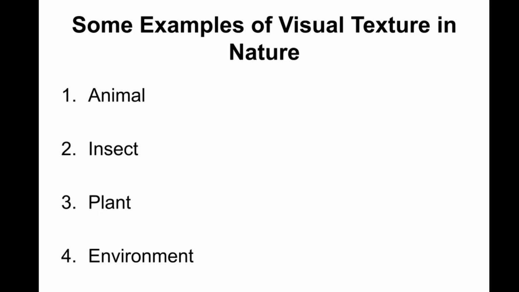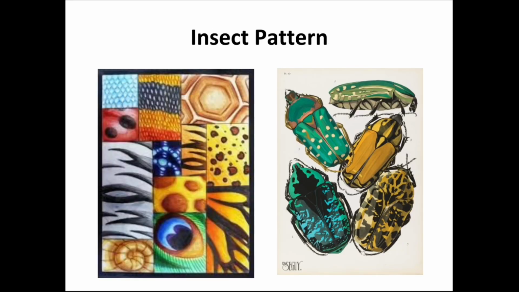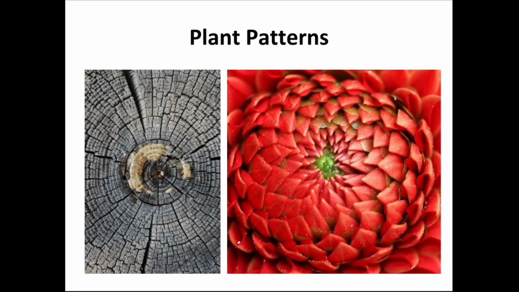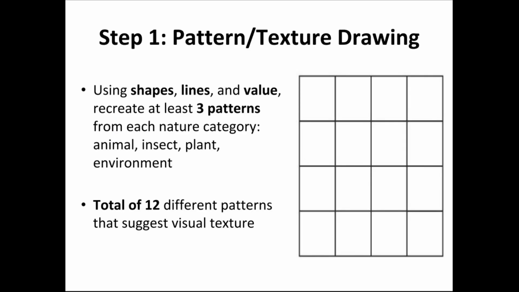We looked at different examples of visual textures, which include animal, insect, plant, and environment. Your assignment yesterday was to draw examples of each of these patterns, at least 3 of each, a total of 12 different visual textures.